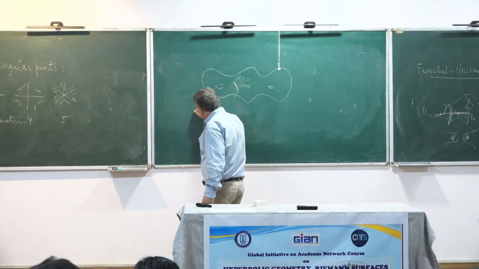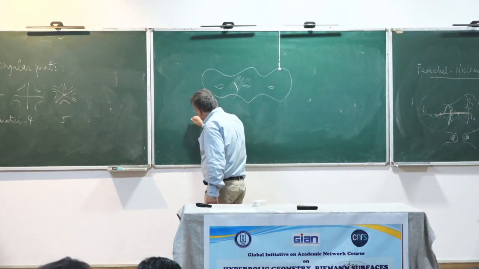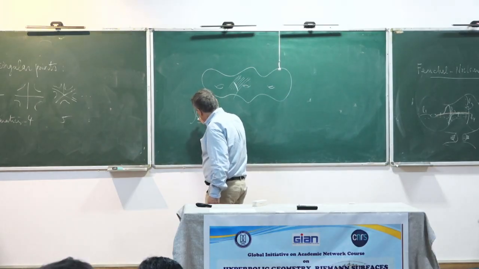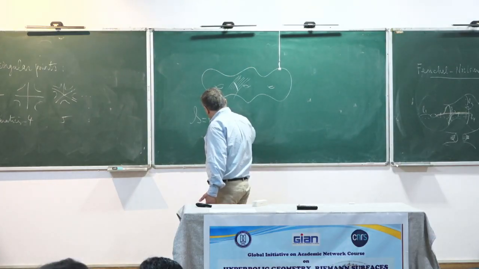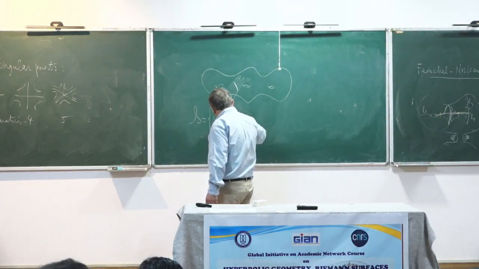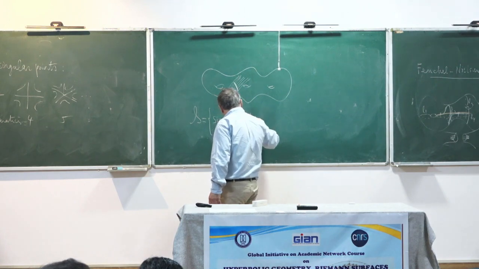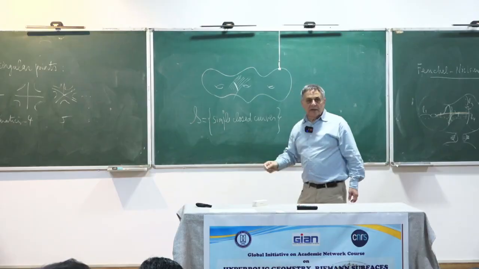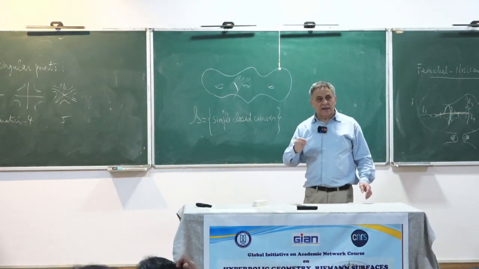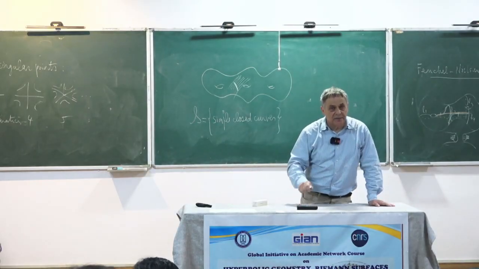Okay. So now I take this. I call it S. This set of simple closed curves. And we agreed at the beginning that when I say simple closed curves, it means that they are not homotopic to a point.